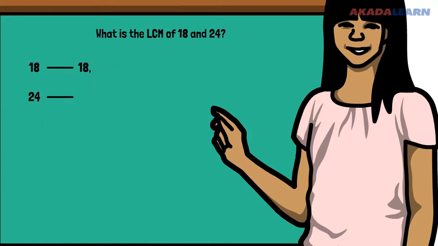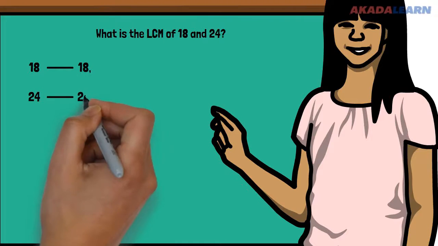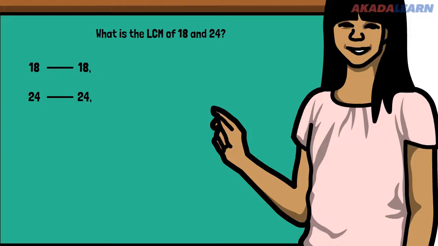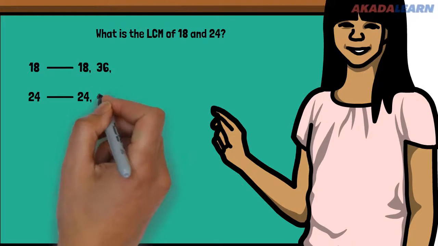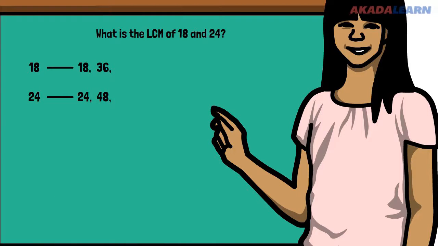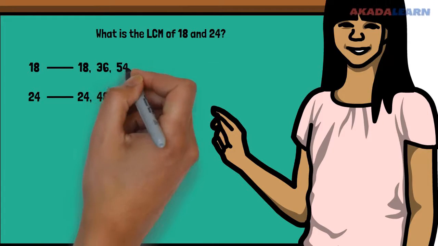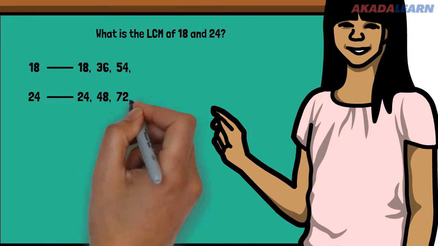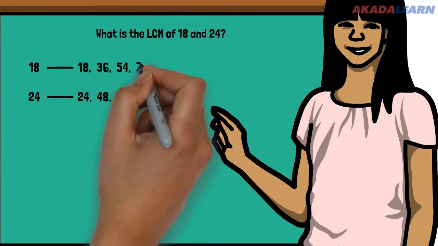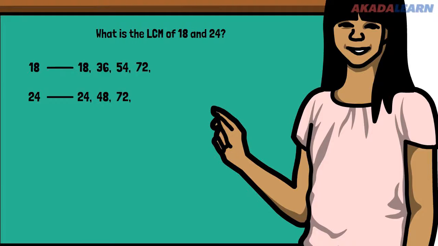So the first multiple of 18 is 18, that's 18 times 1. First multiple of 24 is 24, 24 times 1. Second multiple of 18 is 36. Second multiple of 24 is 48. Third multiple of 18 is 54. Third multiple of 24 is 72, that's 24 times 3. Fourth multiple of 18 is 72.